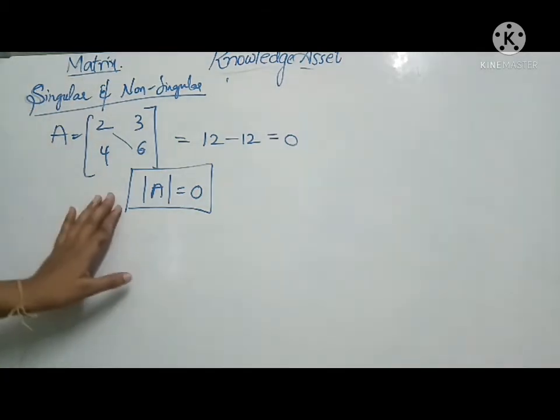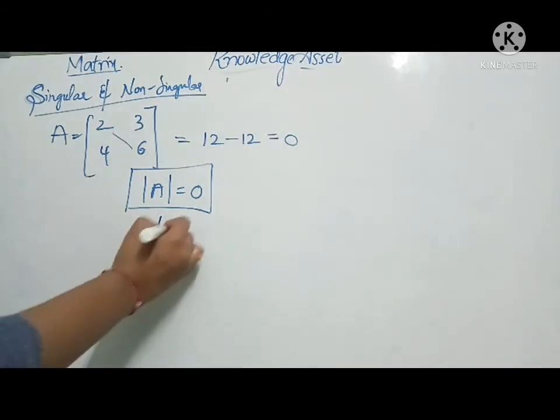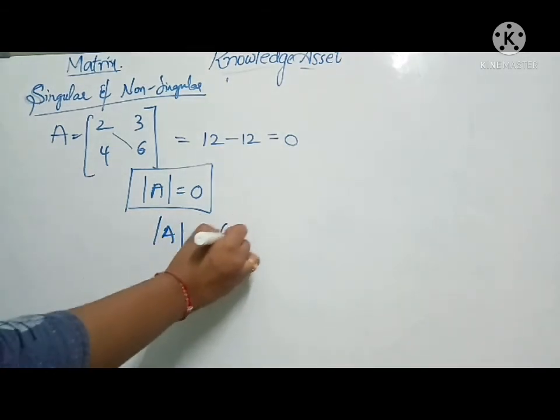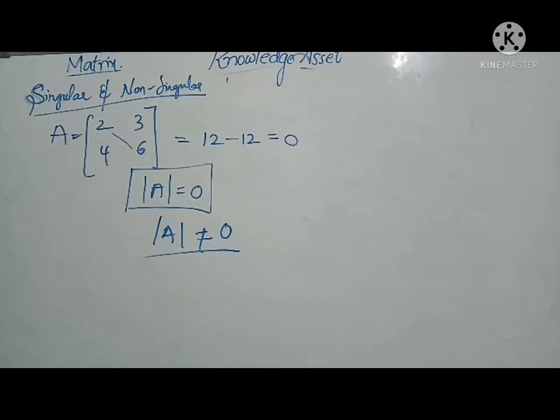If the determinant value is not equal to 0, then it is called a non-singular matrix. This is singular and non-singular matrix. Let us solve one problem on singular and non-singular matrices.